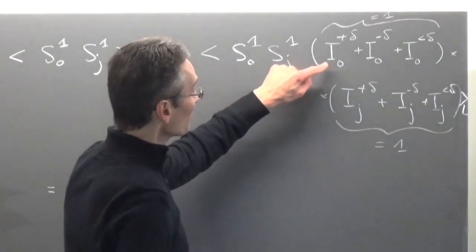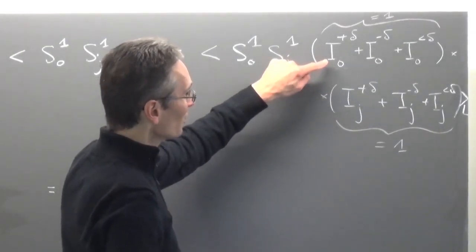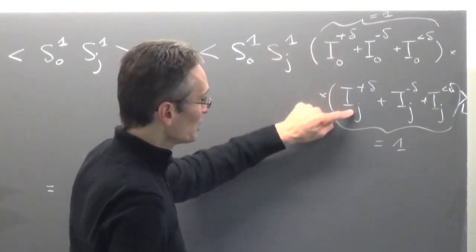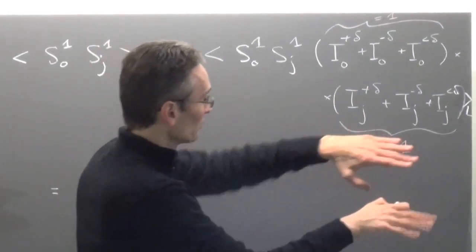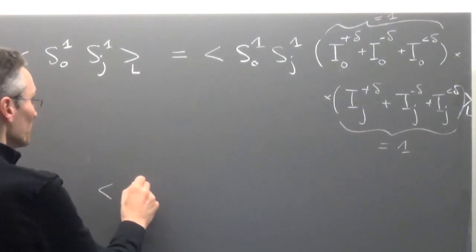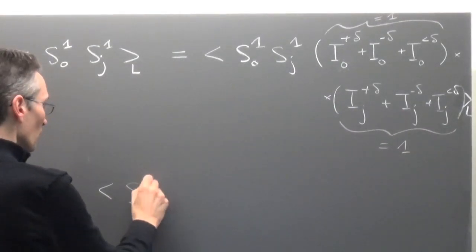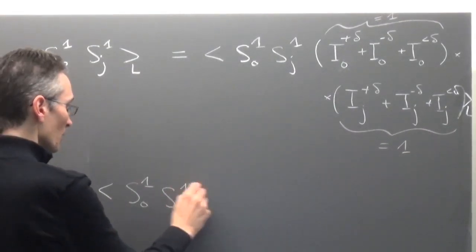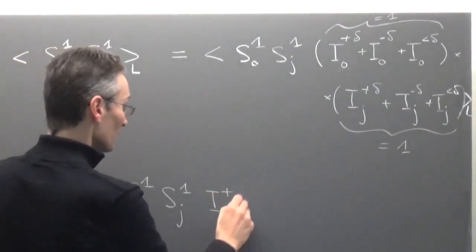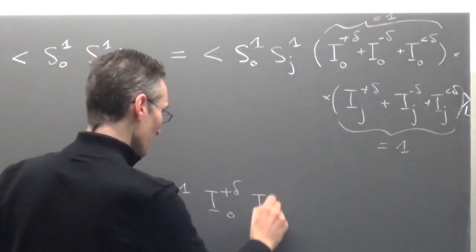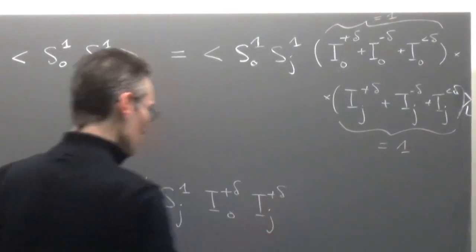Let's see. One thing which should be a good term is when you have I0 plus delta, Ij plus delta. That means that both have large first component and both point in the same direction. So that's something that you expect to be typical. So S01 Sj1, then I plus delta 0, I plus delta j.